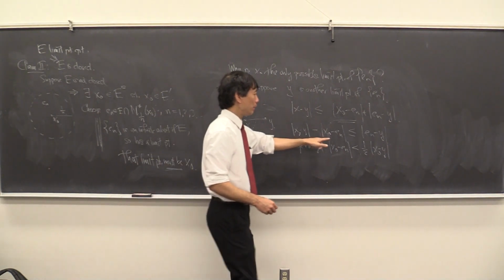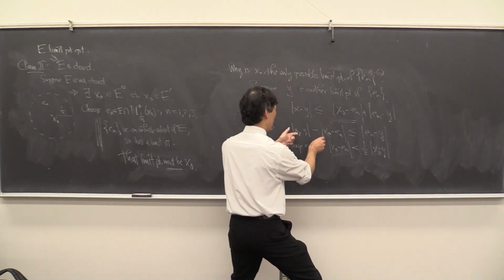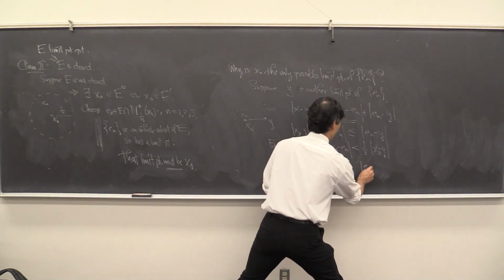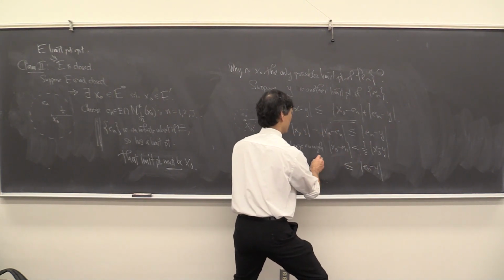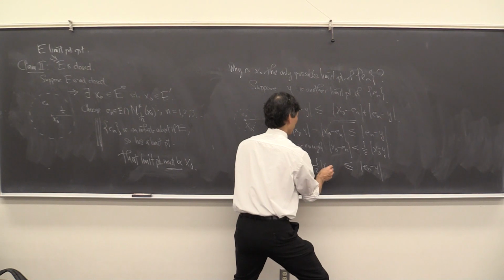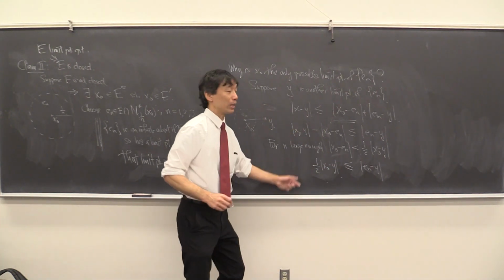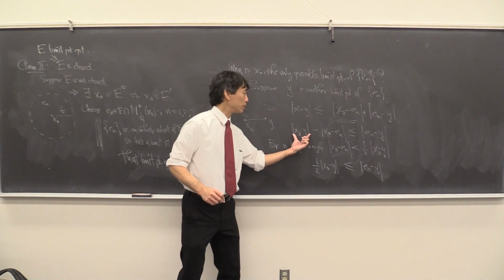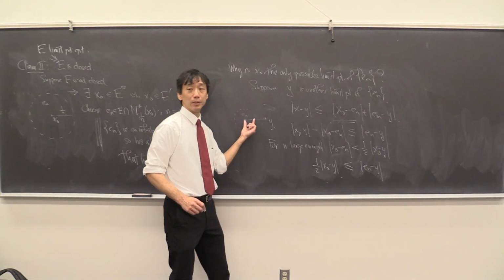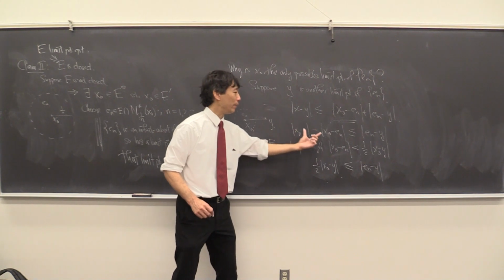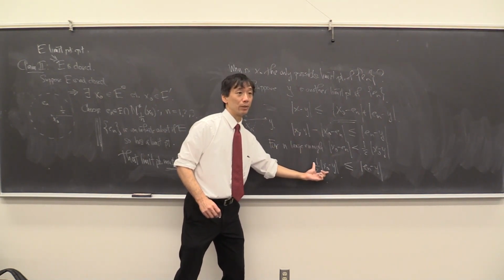Okay, so then the distance from E sub n to y is bigger than half the distance from x naught to y, right? Because we have the distance from x naught to y, minus something smaller than half that distance, so what we have left is greater than half that distance.